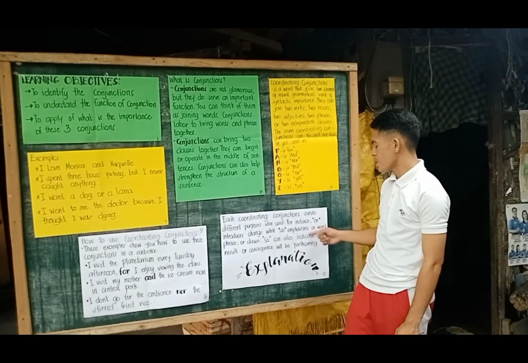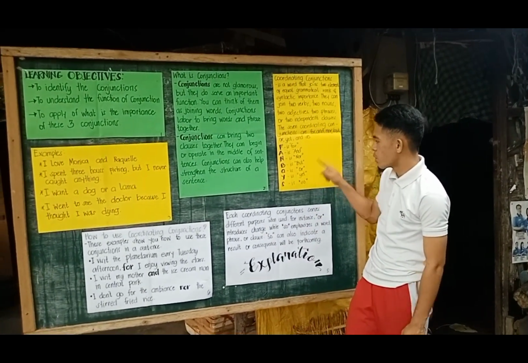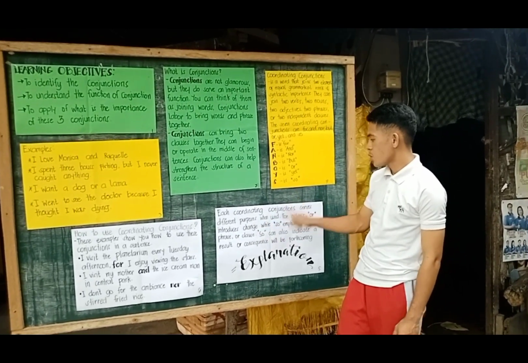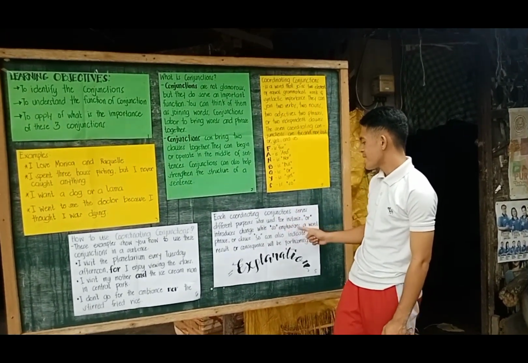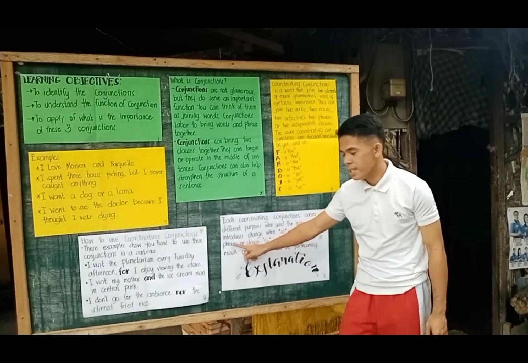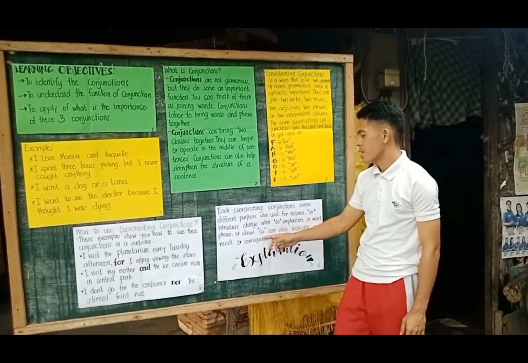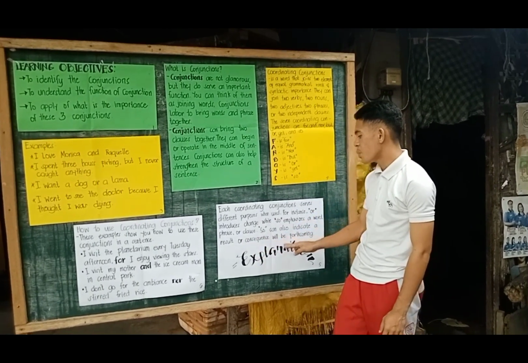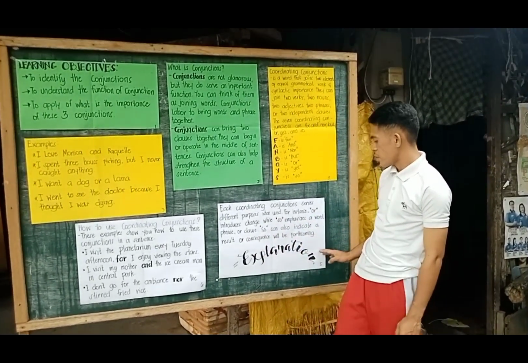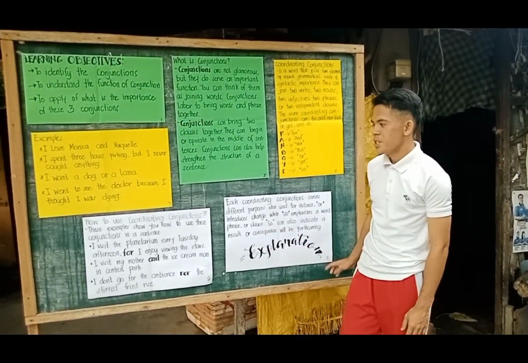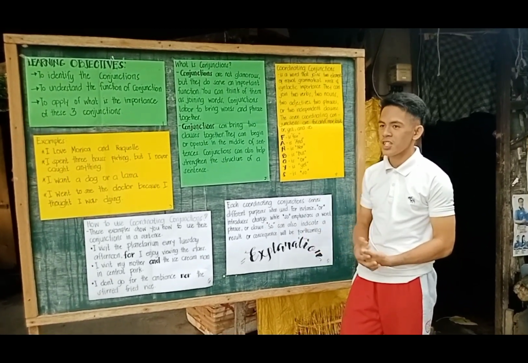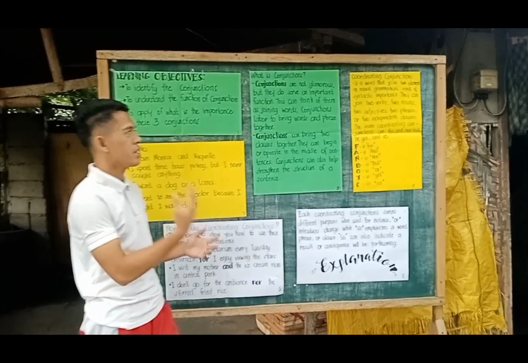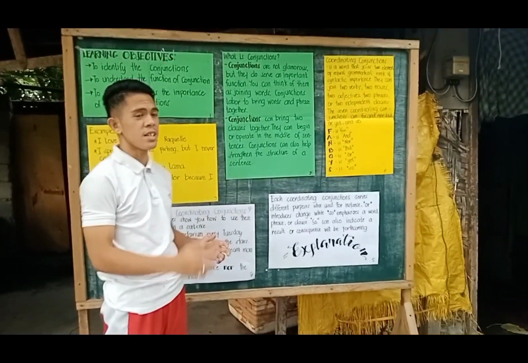For instance, the word or introduces change, while so emphasizes a word, phrase, or clause. So can also indicate that a result or consequence will be forthcoming. So how do we use coordinating conjunctions? I prepared some explanation of coordinating conjunctions for us to understand it more.